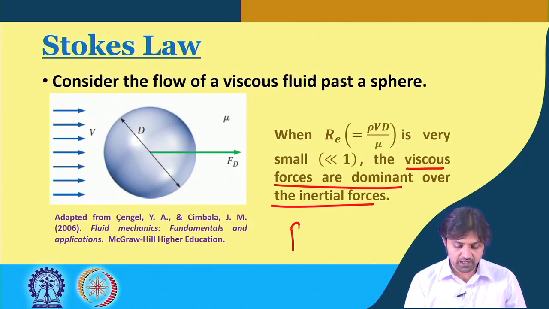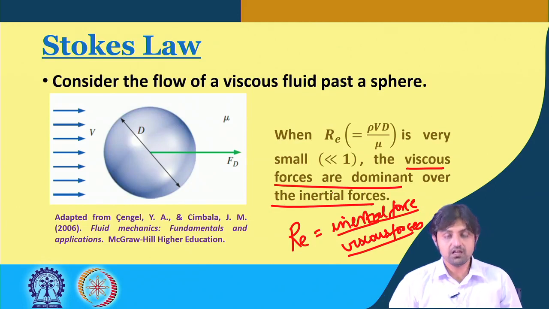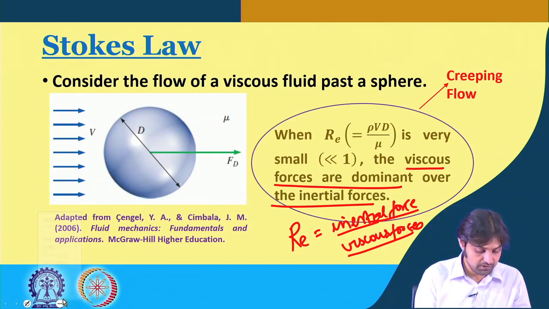We already know that, because Re has inertial forces in the numerator. If viscous forces are dominant over inertial forces, then the Reynolds number will be less than 1. This can be seen from the equation as well. This is called creeping flow.